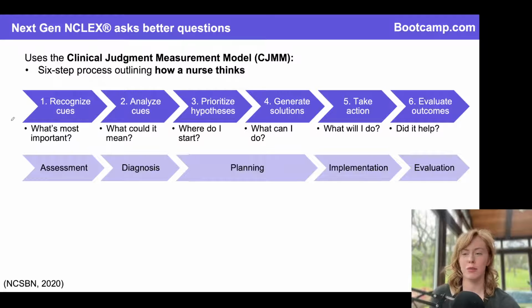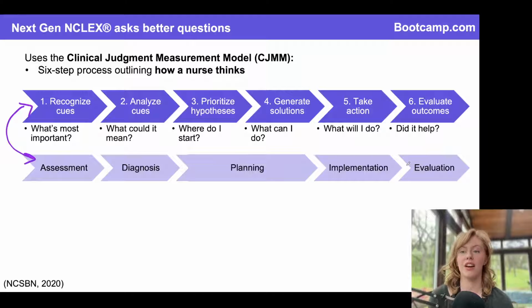And it might not be familiar to you, but you're probably familiar with the nursing process, your ADPI, right? And it really roughly correlates between the two. So you're going to be assessing which cues are most important, analyzing what they could mean, and then kind of forming a care plan and prioritizing what you're going to do about it, and then taking that action and following up or evaluating to see if it helped.